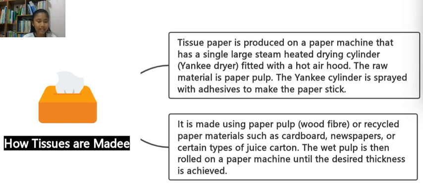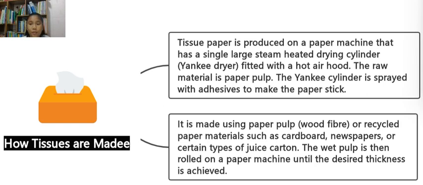Well, how are these modern tissues made? We won't be discovering them today. Well, a tissue is made from a wood fiber that people call pulp. It is made from recycled paper materials, such as cardboard, newspaper, or certain types of juice carton.